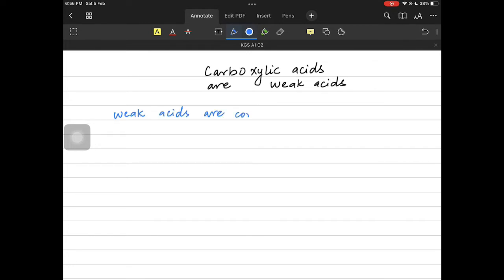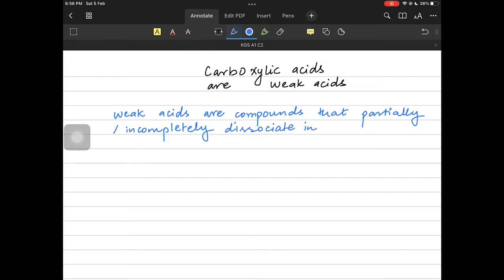Weak acids are compounds that partially, or incompletely, dissociate in water. You could also say ionize in water, that's the same thing. So they dissociate in water to produce H plus ions. They give out the H plus ions.